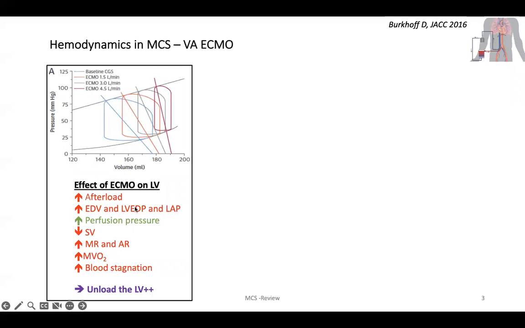Those consequences, especially the increase of end diastolic pressure, will lead to an increase of myocardial oxygen consumption and, in the end, an increase in blood stagnation. So, what those curves say is that in theory a peripheral VA ECMO is pretty bad for the left ventricle itself.